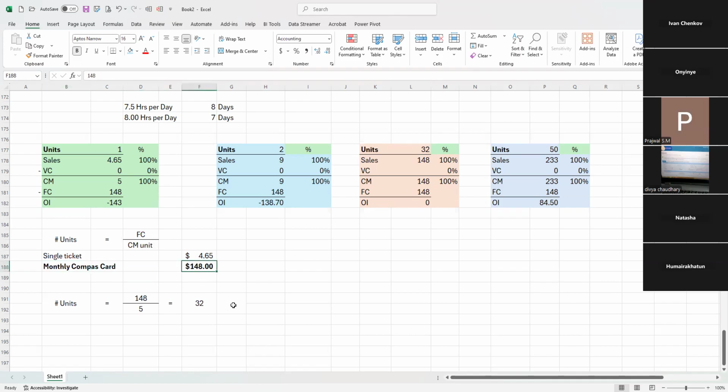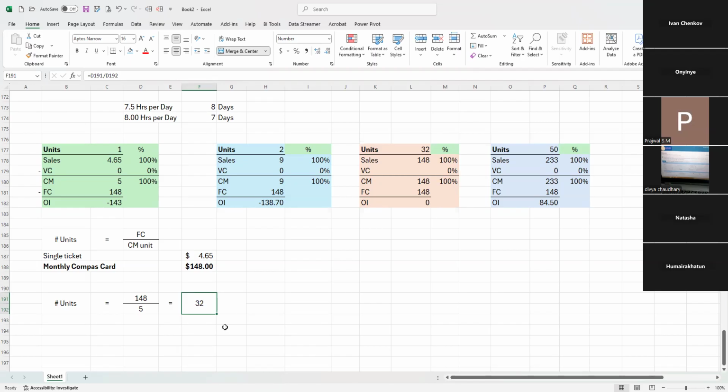But if you're riding the SkyTrain less than 32 times, what will be the logical choice? Rather you pay every time you're riding. Make sense? This is the practical application of the break-even point.